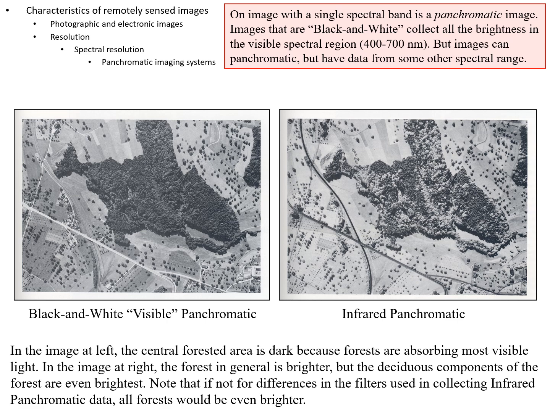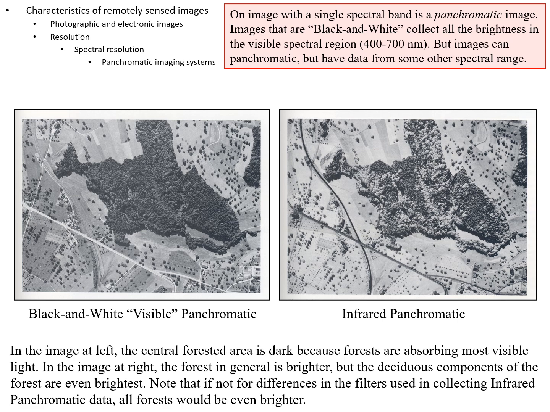In the case of the left, you're looking at integrated light from across the visible, which is what people generally call a black and white image. On the right, you're looking at energy recorded from the infrared portion of the spectrum, the near infrared specifically.